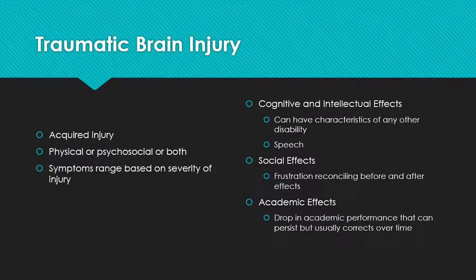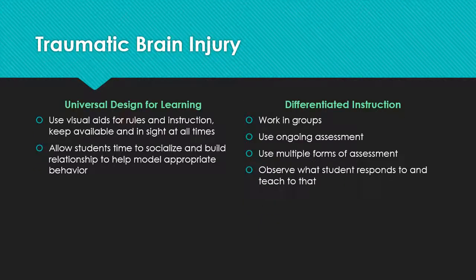So socially, the student just may feel frustrated trying to understand how things were before the injury and after the injury. So just like with intellectual disabilities, with traumatic brain injuries, using differentiated instruction and ongoing assessment is an invaluable tool because your student might be changing all the time from day to day.